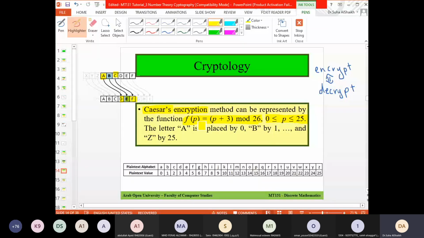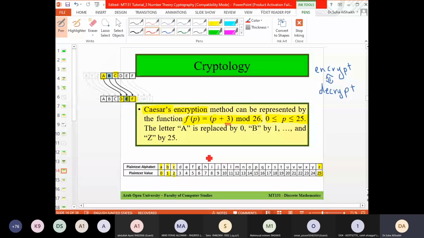The function is p goes to p plus 3 mod 26. We use this table. A we give the number 0. B we give 1, C 2, up to Z 25. You got that? Then we apply this function. For Caesar encryption we are adding 3 letters, so it will be plus 3.